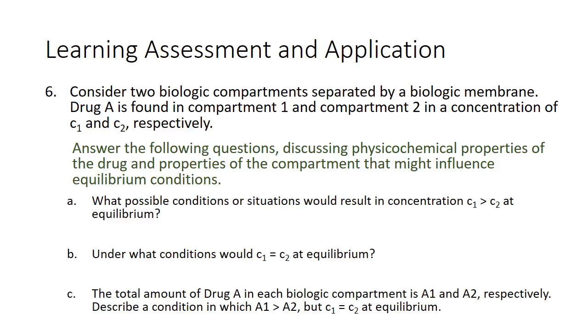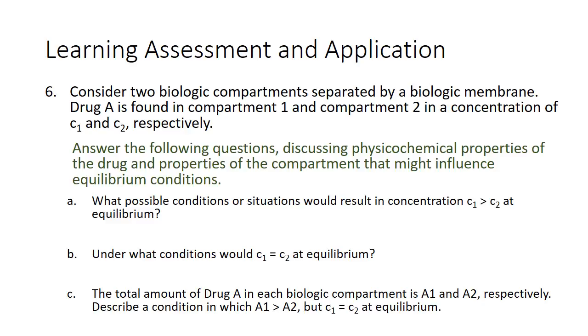Okay. So what possible conditions or situations would result in concentration C1 greater than C2 at equilibrium? If you had a beaker with a membrane in between, with pores in the membrane, the concentration should be identical on both sides of that membrane.